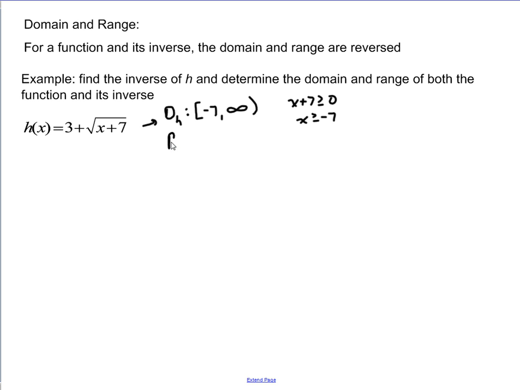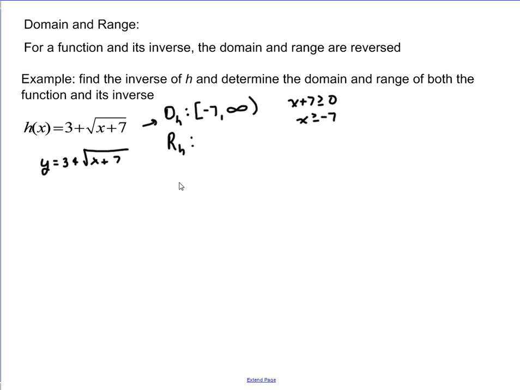Well, recall we said that the range is going to be the domain of our inverse function. So let's find our inverse function. We set y equal to 3 plus the square root of x plus 7 to begin. And now we're going to switch x and y.